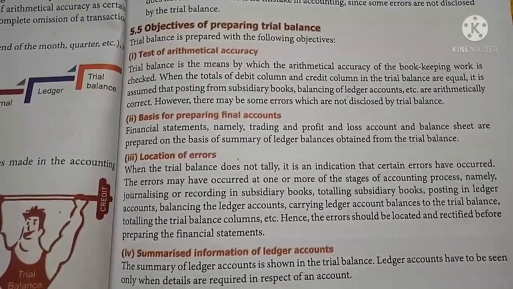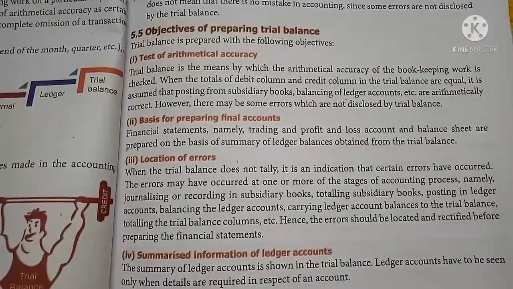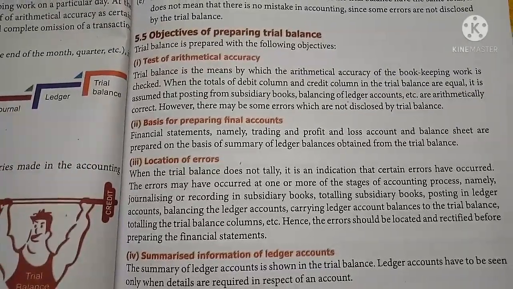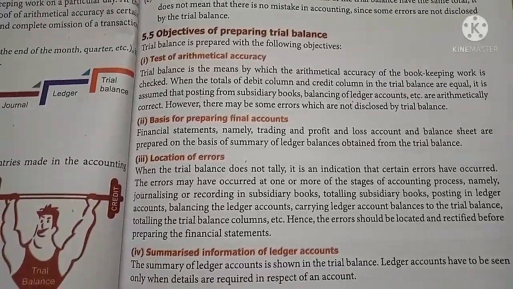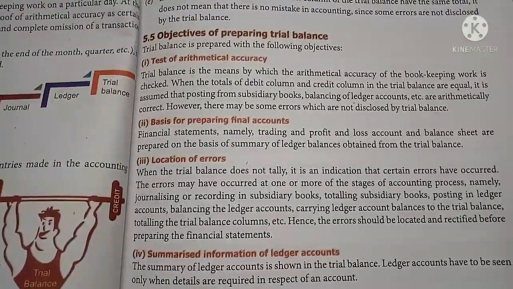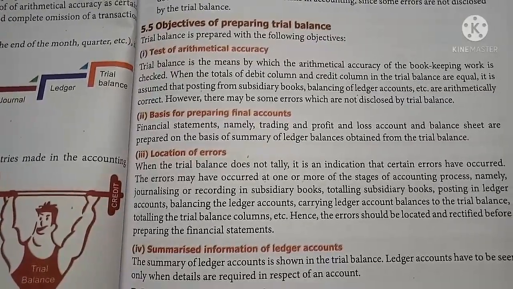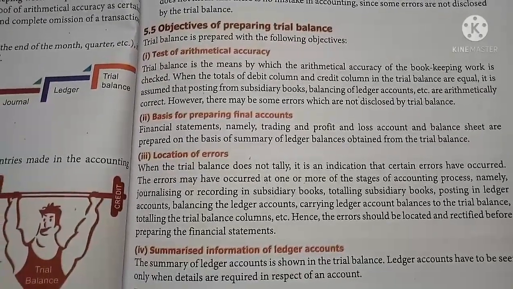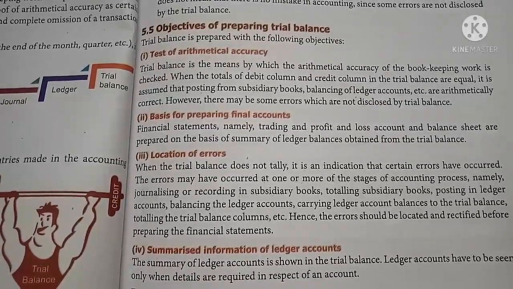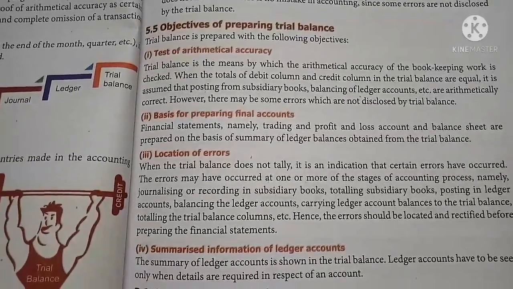In this accounting process, all steps should be correct, and then the trial balance will tally. If the trial balance does not agree, it means we committed some error in this accounting process, that is the subsidiary books, posting, balancing of various ledgers, carrying forward of the ledger balances to the trial balance, or totaling of the trial balance.